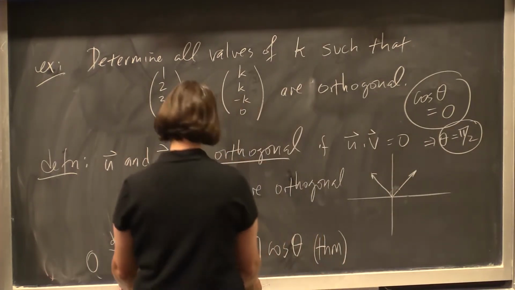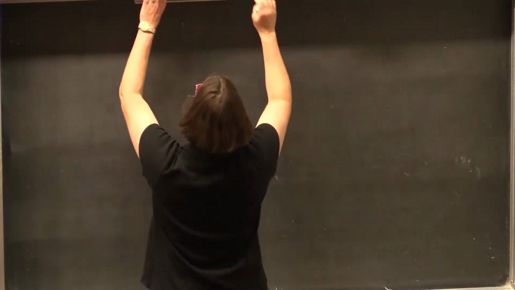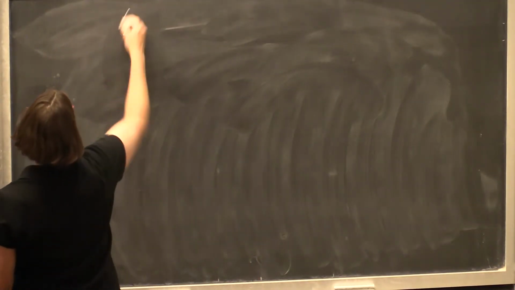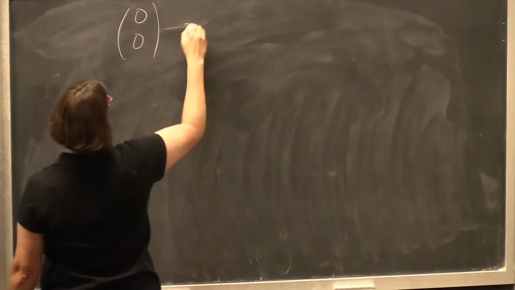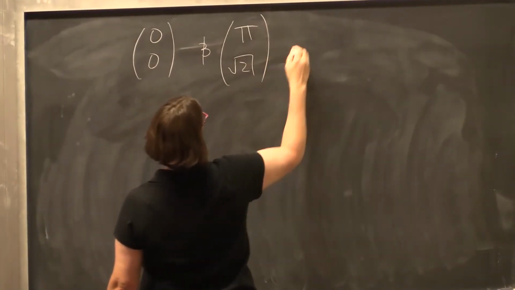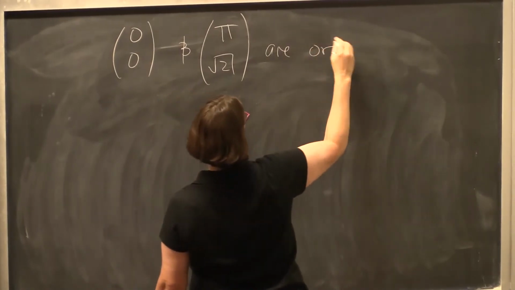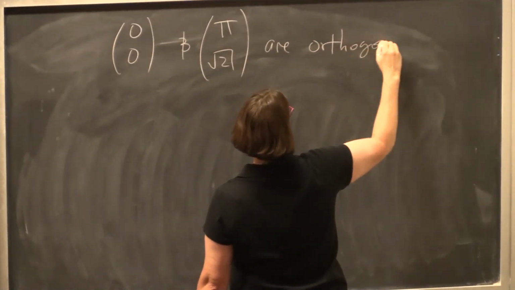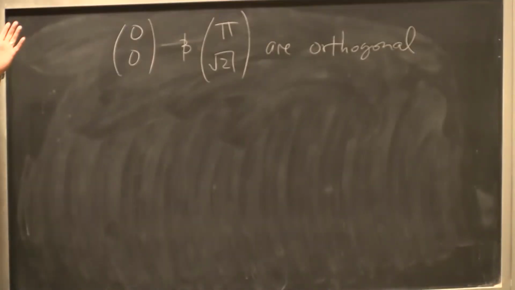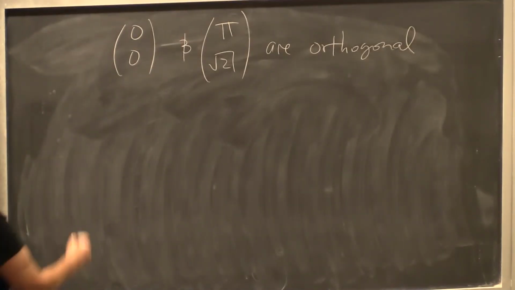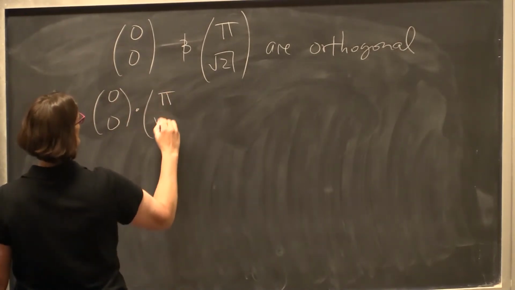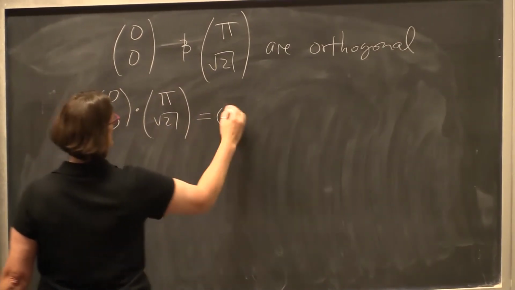Now, 0, 0 and pi, square root of 2 are orthogonal. By the definition, two vectors are orthogonal if their dot product equals 0. 0, 0 dot pi, root 2 equals 0.